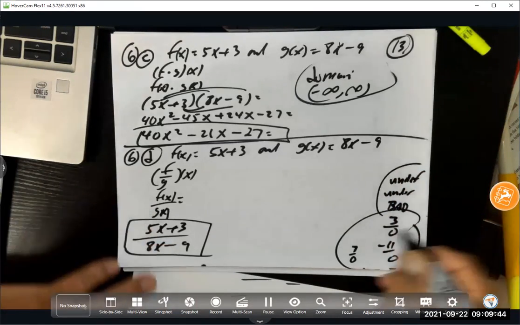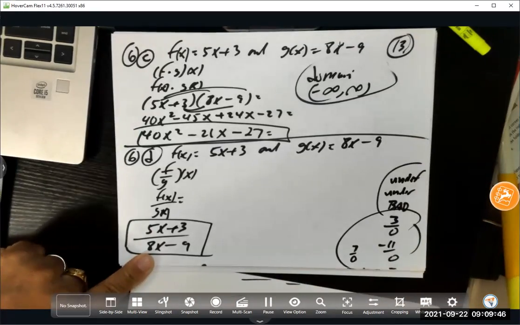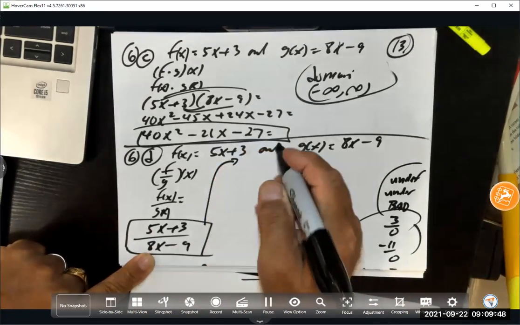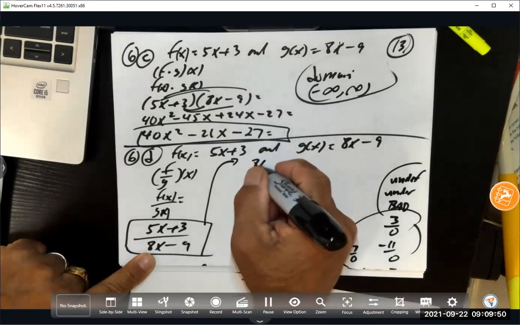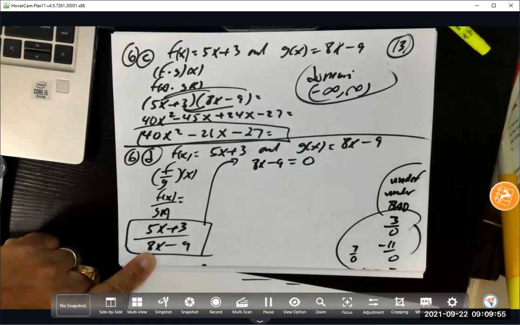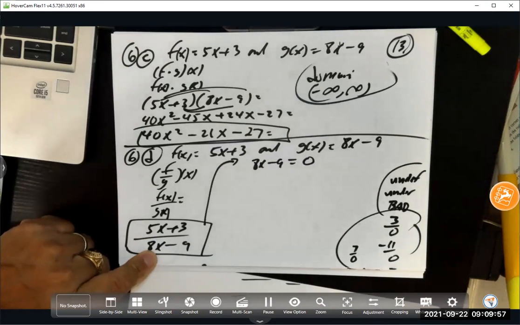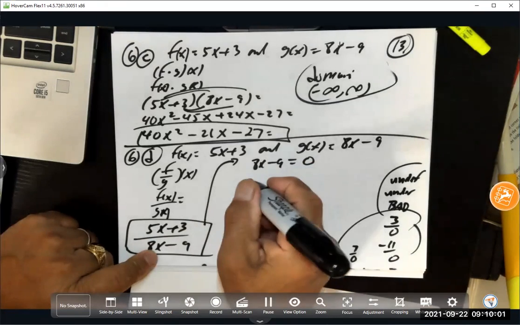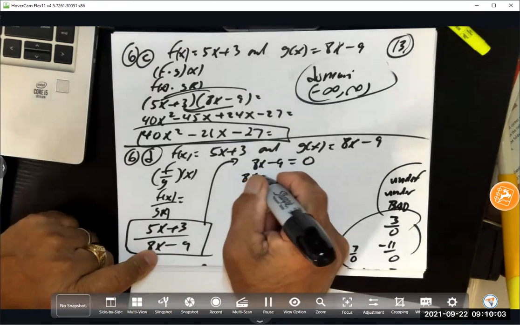All right, so back to this problem. Is there a way for the bottom to be 0? Yes. Let me set it up. Is there a way for 8x minus 9 to ever become a 0 on the bottom? Solve this one. How do you solve that? How do you solve 8x minus 9 equals 0? Give me the next step.